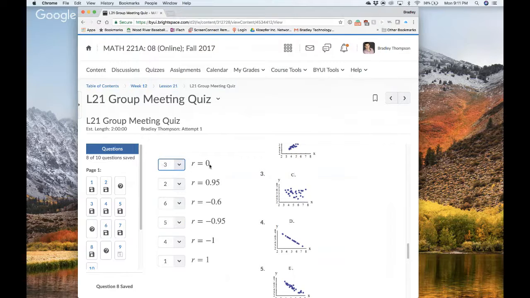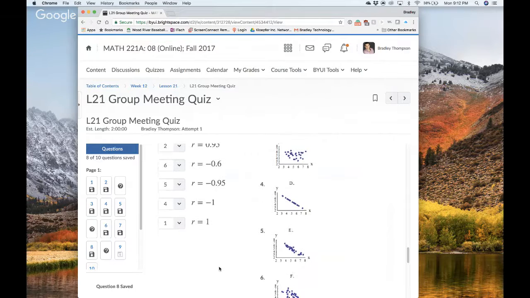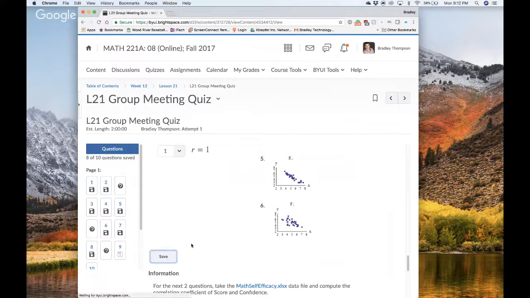Is number 3 R equals 0 for you? Yes. Okay, and then I have number 2 is R equals 0.95. Yes. 6 is negative 0.6. Yes. 5 is negative 0.95. Yes. 4 is negative 1, and 1 is positive 1. Yes, I agree with all of those. Okay.